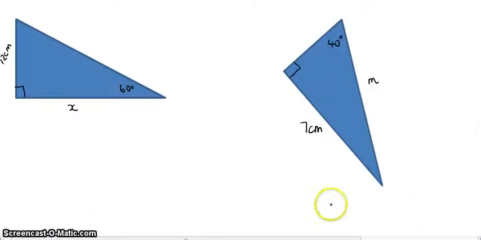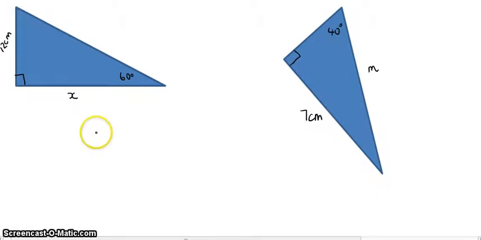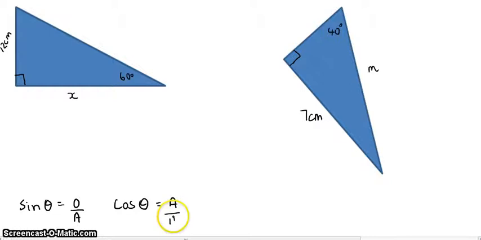Alright, next two. So that we've got it on our screen, let's write our formulas in again. SOH, sine theta, opposite over hypotenuse. CAH, cos theta, adjacent over hypotenuse. TOA, tan theta equals opposite over adjacent.